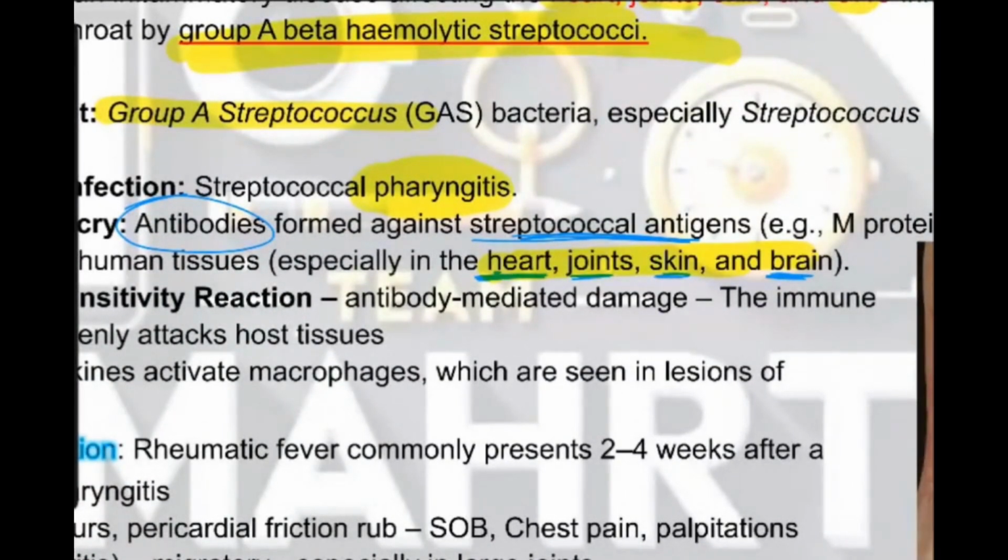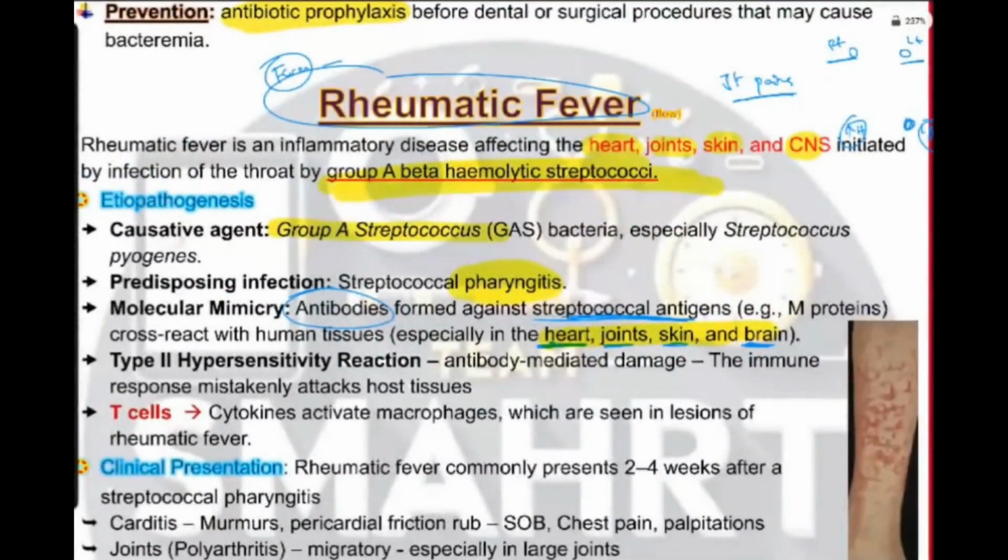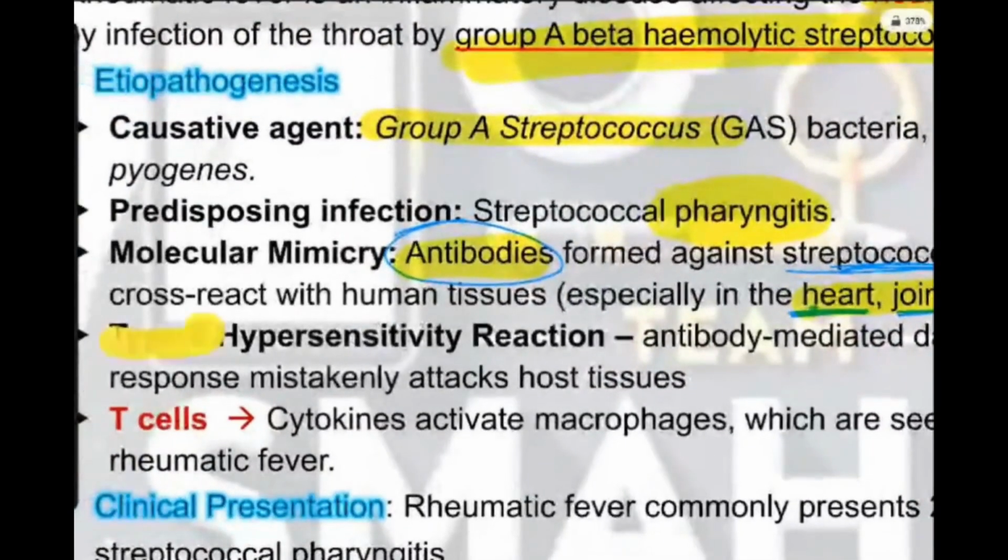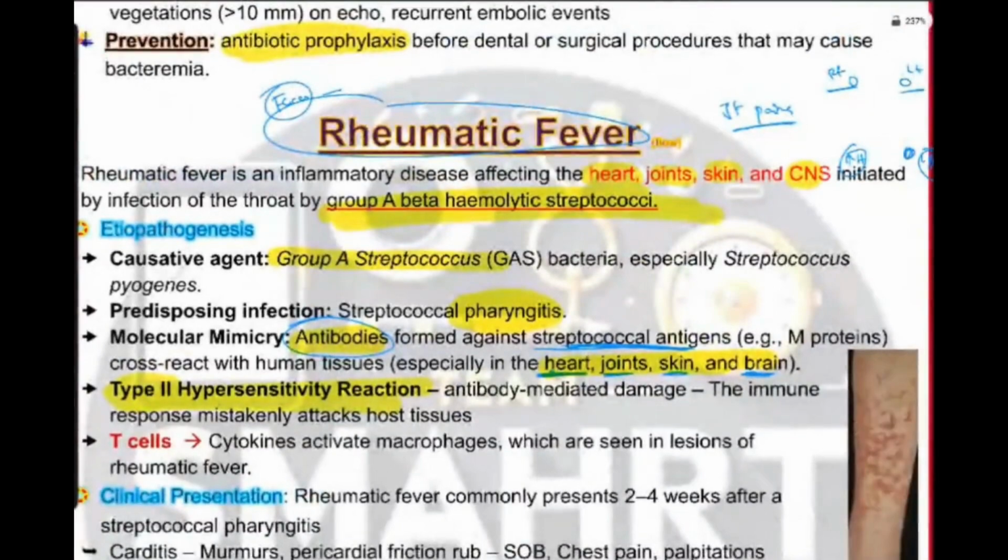Because the antigens present in these organs share molecular mimicry with the streptococcal antigen, especially the M proteins. Okay, so because of this, what happens? Antibodies will also attack the self antigens. Basically, antibody mediated damage is happening, leading to a type 2 hypersensitivity reaction. Okay, this is rheumatic fever.